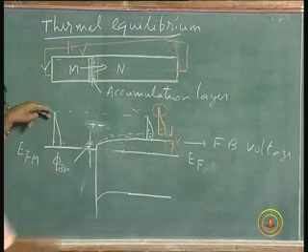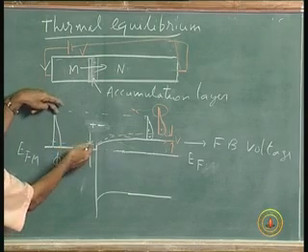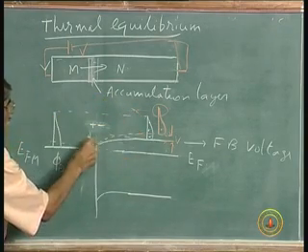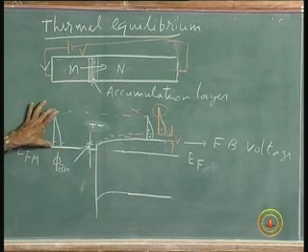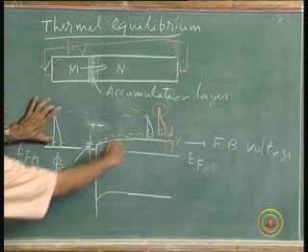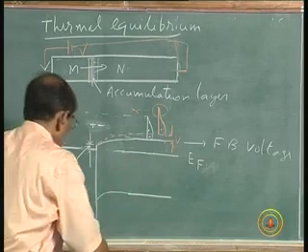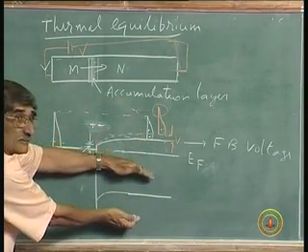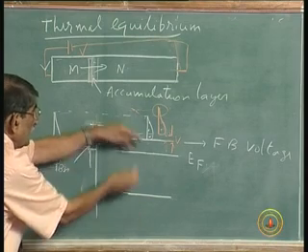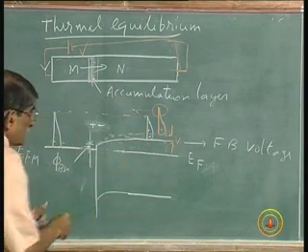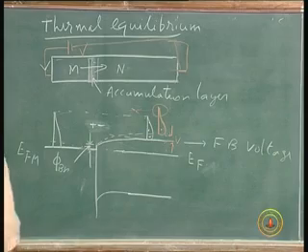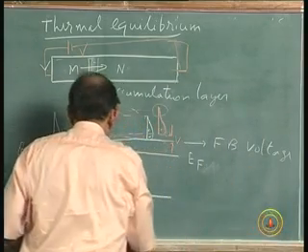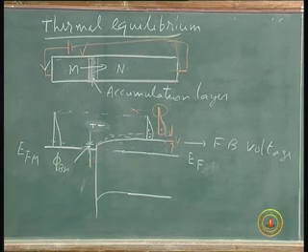If this is pushed down, see here there is so much. Right now, at thermal equilibrium, only these are crossing. When I reverse bias it, this entire curve comes down. I do not know whether I can draw it on the same diagram. I think I will not draw it, I will just show that to you.